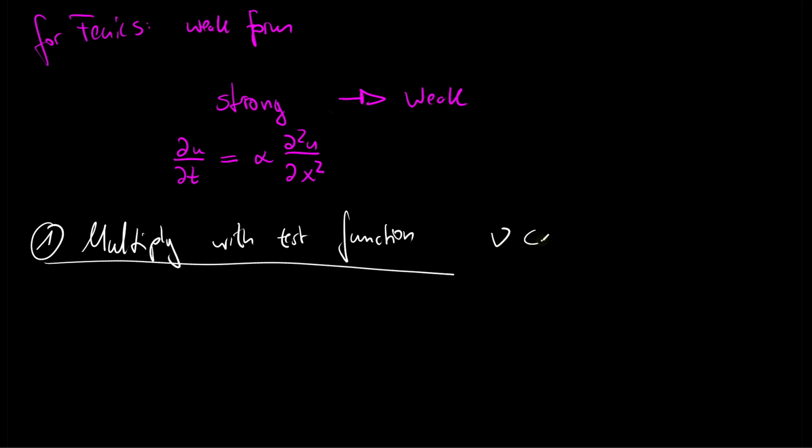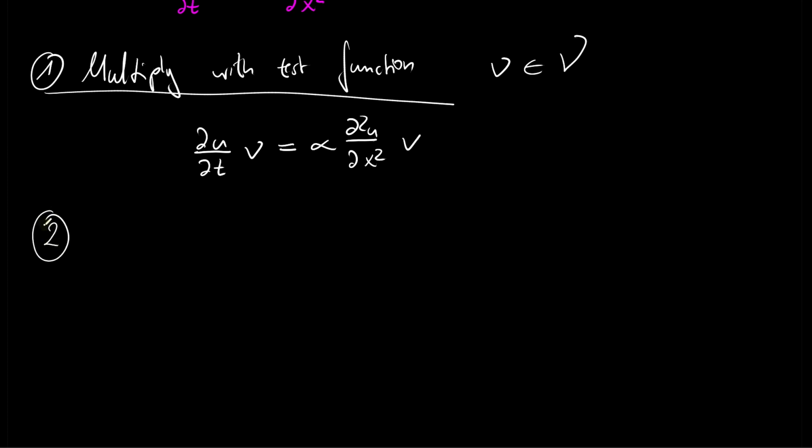Let's call it v, and it is from a special function space. And we will choose it from the same function space that we defined earlier with these Lagrange polynomials on the small finite elements. And then basically we get du by dt times v is equal to alpha times the second derivative of u with respect to x times v. The next step is to integrate over the domain.